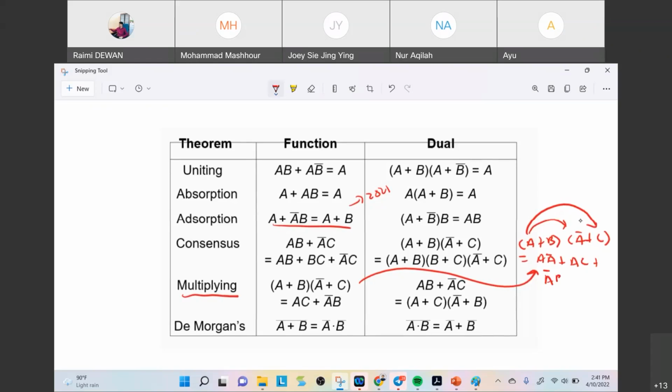A bar B, expand again, BC. So A times inverted A will result in 0 plus AC plus A dot B plus BC. BC, AC, A dot B.